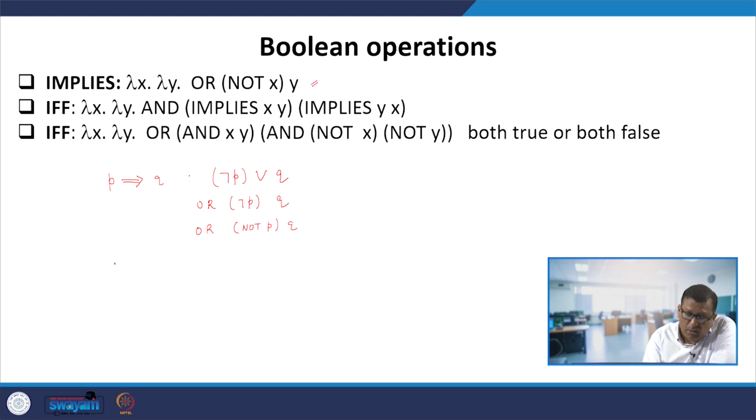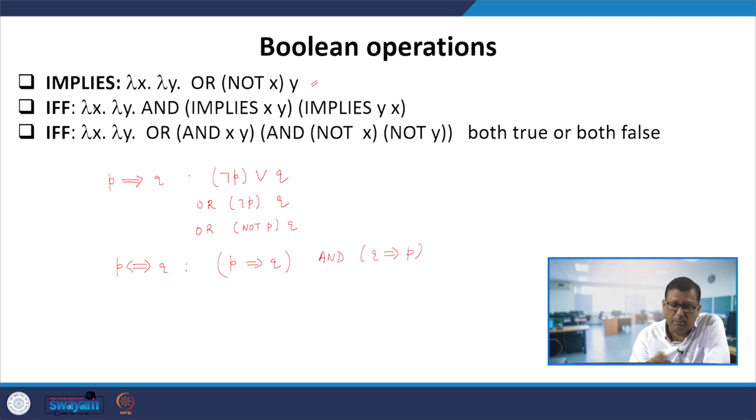Now we do if and only if. That means P implies Q and Q implies P. So we now combine both of them. We know how to write implies, and we combine with AND. So it is AND of P implies Q and Q implies P. This will be one way of writing it, which is straightforward like this.